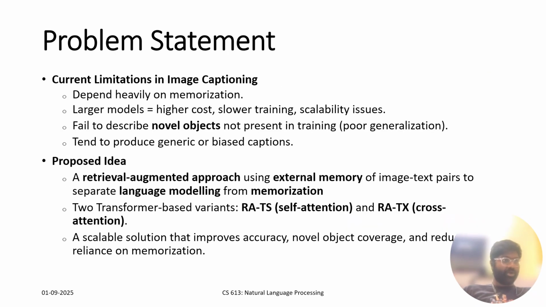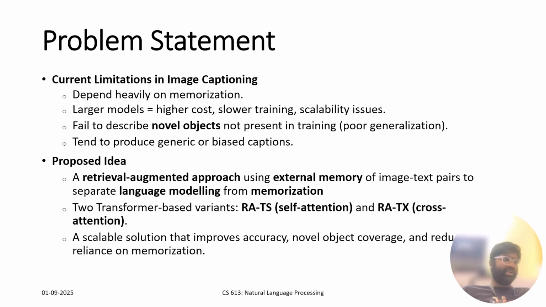Coming to the problem statement, there are a lot of models currently for image captioning, but the current limitations are that it is very dependent on memorization. It needs to be trained on a very large amount of data to have more context, and using larger models will also have higher cost, slower training, and scalability issues.